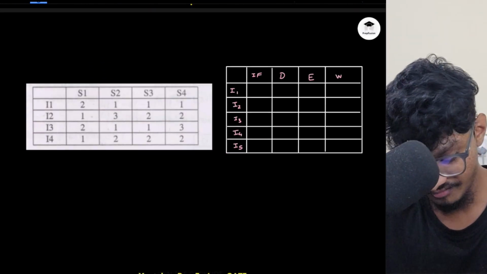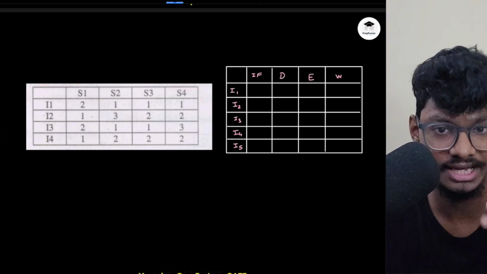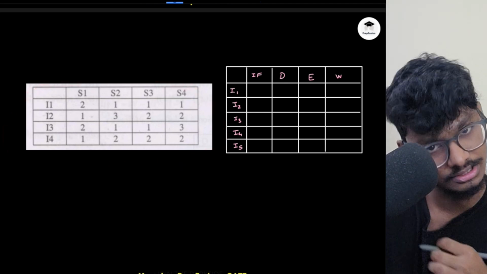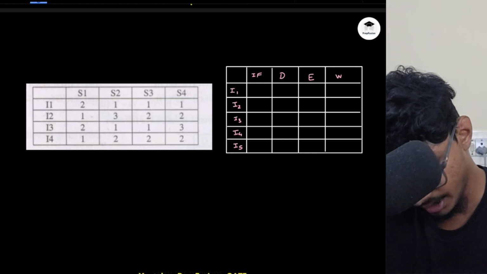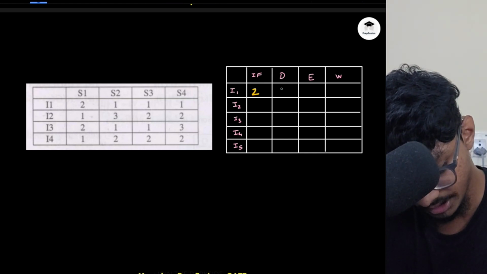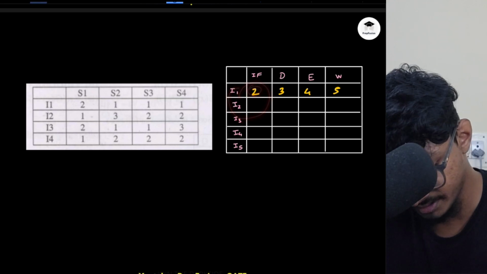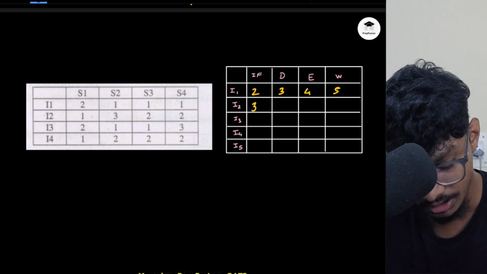So if it is running only once, I can calculate how much time this whole cycle, I1, I2, I3, I4, will take. For the first, I will simply write back the values. This will be 2, then I will add 2 plus 1, that is 3, then I will add 1 again, this will be 4, this will be 5. Then again I will use the formula: maximum of top and left, which is 2, plus its own delay, that is 1, so it will be 3.